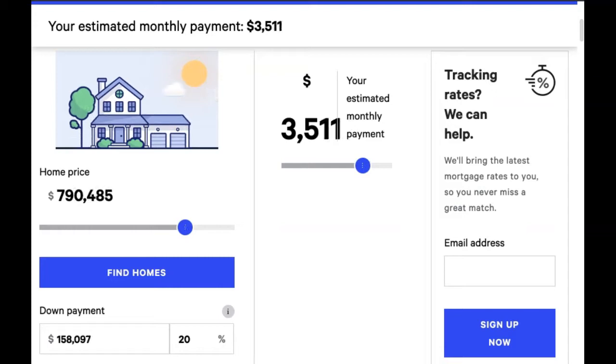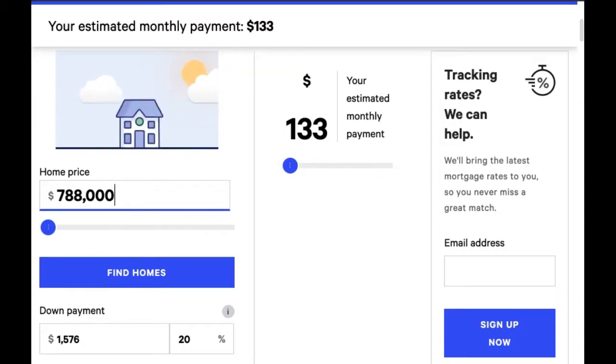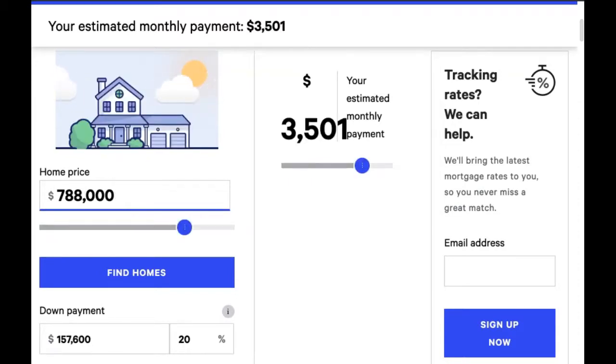So I'm going to go, it seems to be right around there. So my answer here would be $788,000. So I would round that down, and it says still 3501. So actually I have to go down by 500.